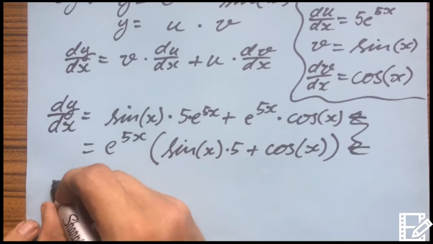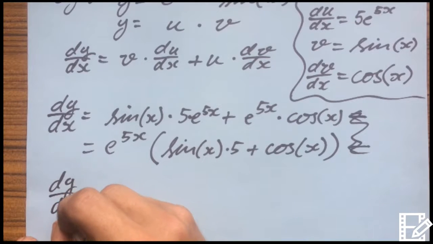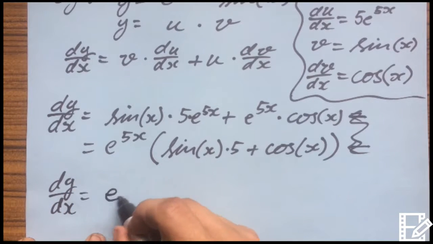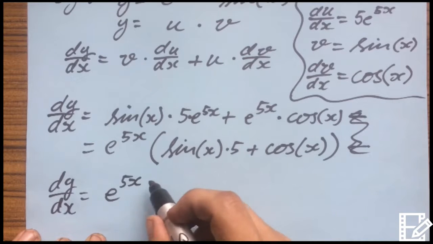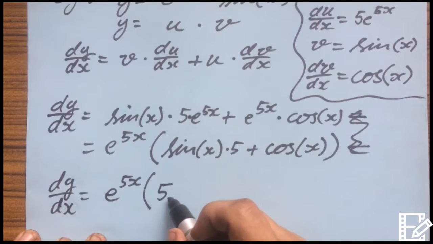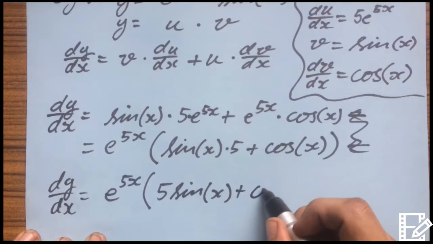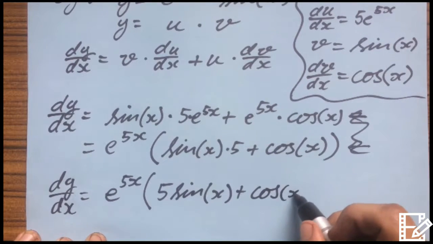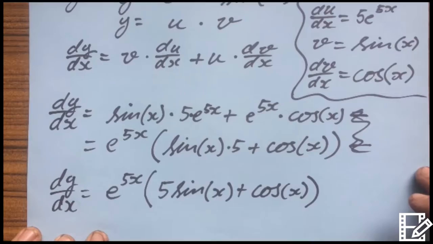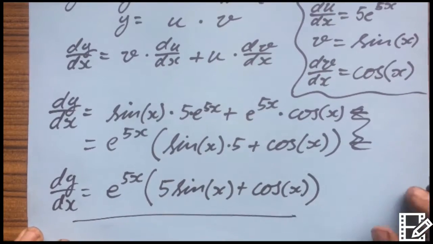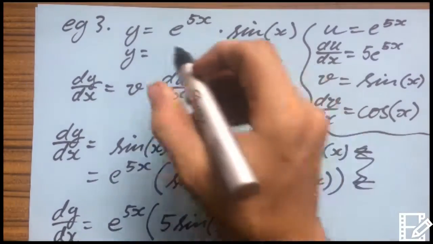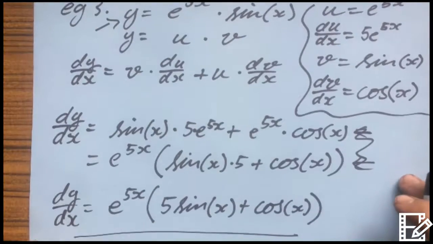To rearrange it and make it a final product, we would have e to the power of 5x and bring the 5 out the front, and that there is the first derivative of that function up there.